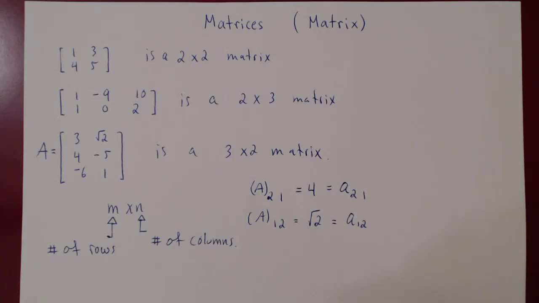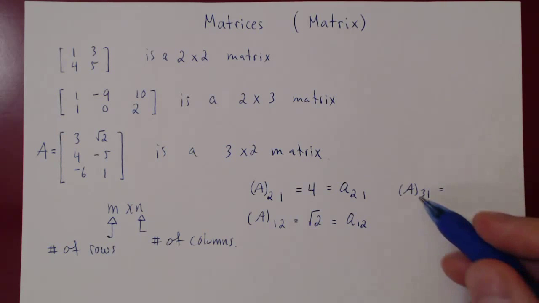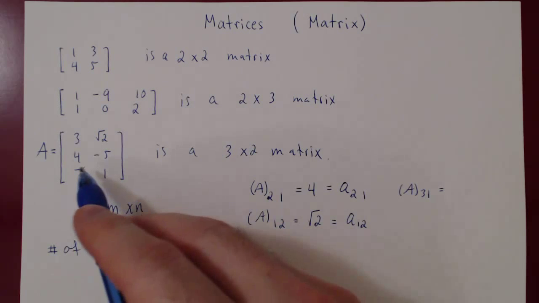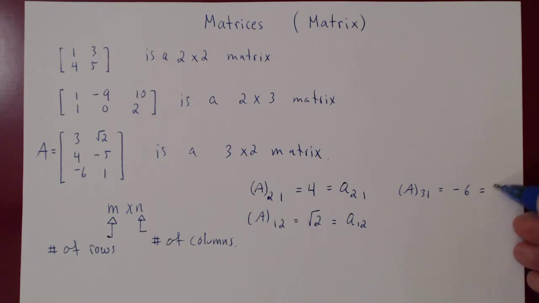Let's look at one more. Let's look at, say, a31. So the entry in A in row 3, column 1, so we're in the third row, first column, and this is negative 6. Once again, we could use simply lowercase a31.